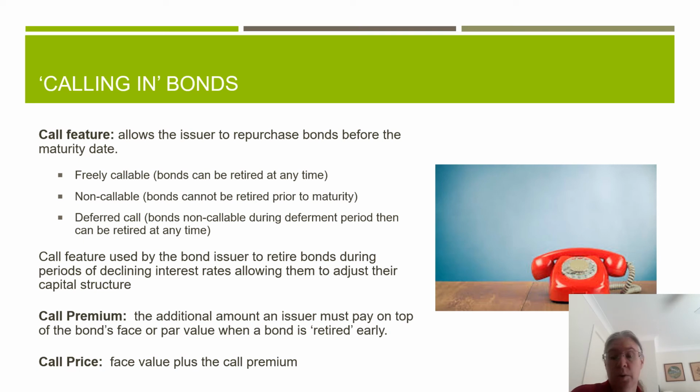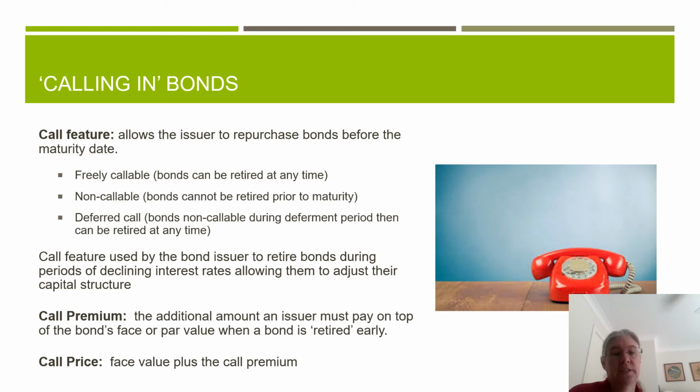It could be non-callable, so they can't retire it early and have to wait for the maturity date. Or perhaps it's a deferred call, so there's a certain period of time in which you can't call it, it's non-callable, and then after that period of time it could be called and retired at any time. So perhaps it was an 8-year bond, the first 3 years you can't call it, but the next 5 you can.